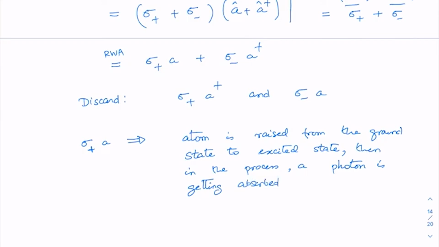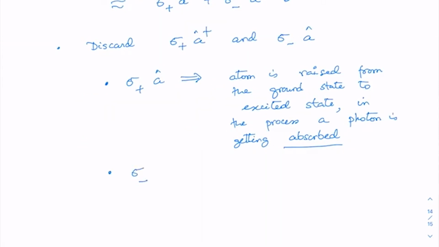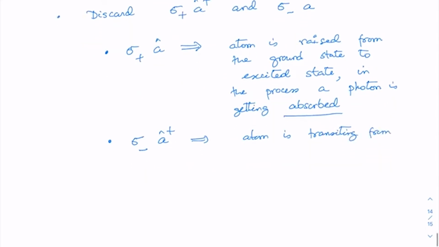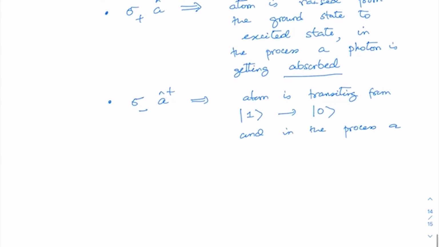And we know that this is indeed true, and this is physically what happens. Similarly, in sigma minus a dagger, the atom is transiting from the excited state to the ground state, and in the process a photon is getting created, a photon is emitted.